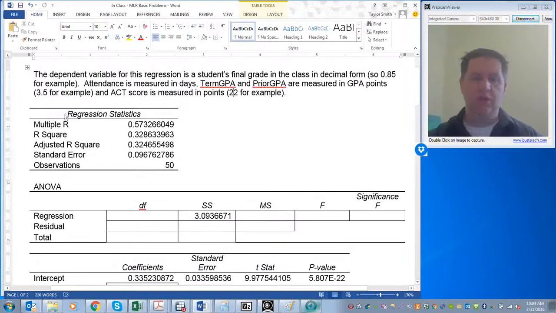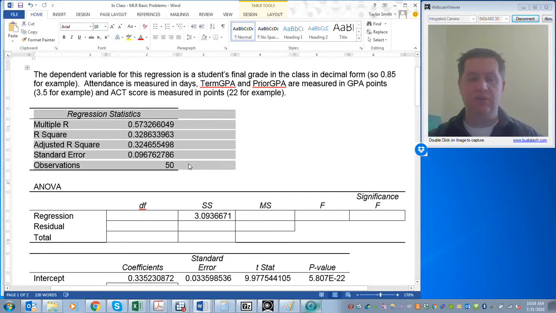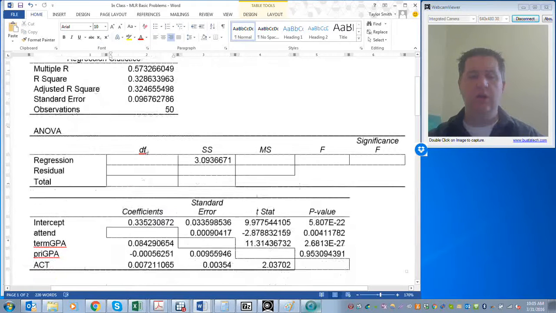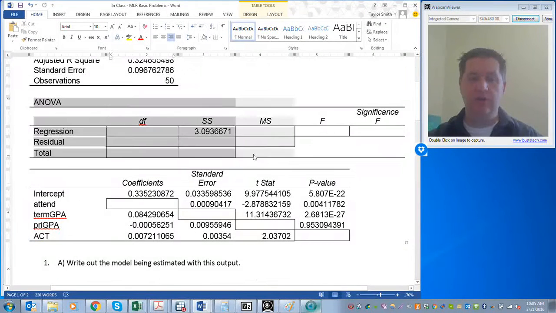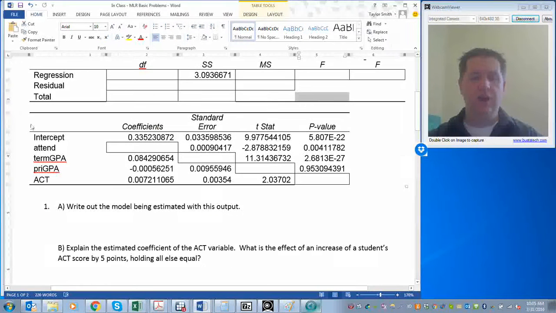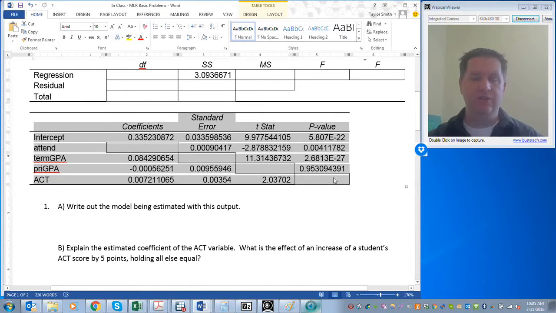So again, you've got the basic regression statistics here at the top, things like your multiple R and your R squared. You've got your ANOVA table here in the center, which you're going to be filling out in part 2. And then you've got your coefficients and their statistics here at the bottom.